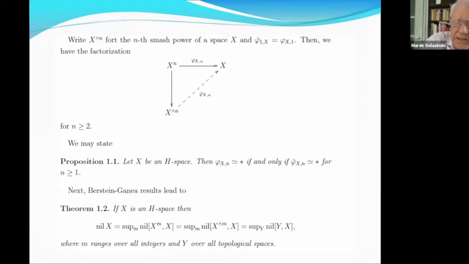And that is the same as nilpotency of homotopy classes of the smash product of X to X. And finally, that is the same if you take the supremum of nilpotency classes of maps from Y to X, where Y is any topological pointed space.